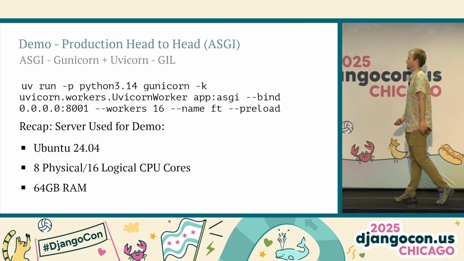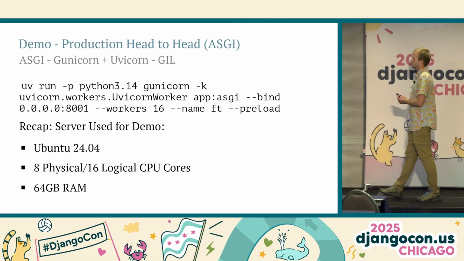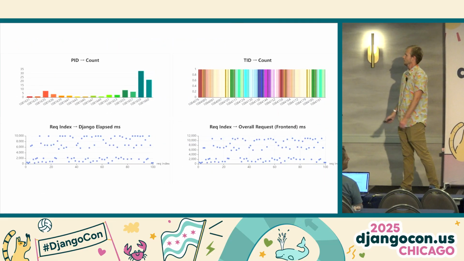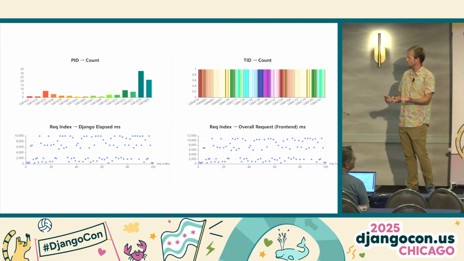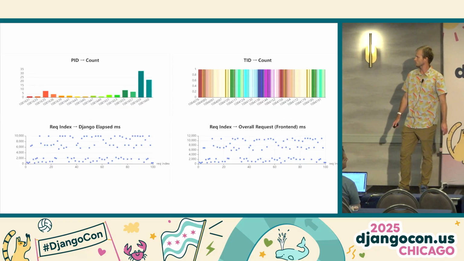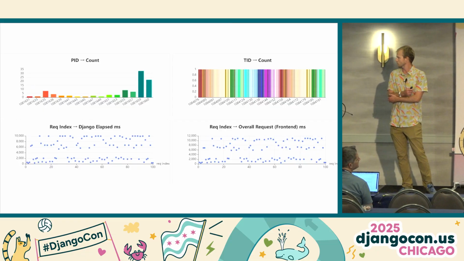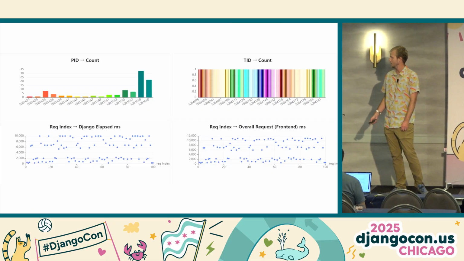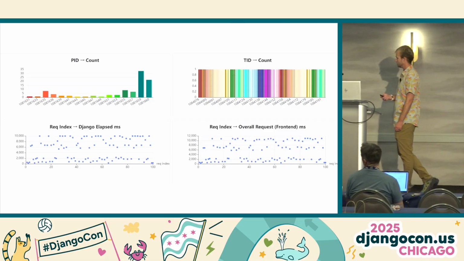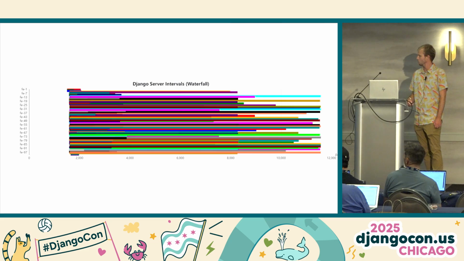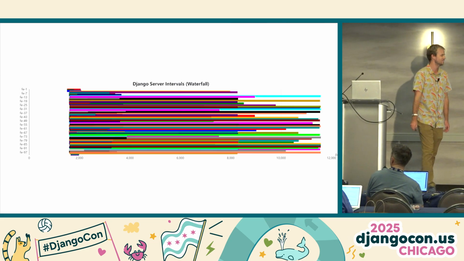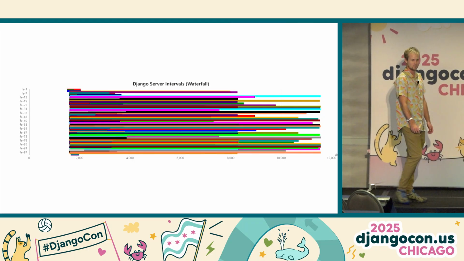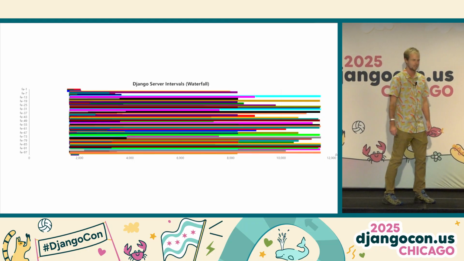So my first one is ASGI gunicorn plus Uvicorn with the GIL. Interestingly enough, it didn't really distribute evenly to processes. And you can see some request times in the bottom left there all over the map, which I find interesting. The server waterfall is quite funny. Everything's happening at once because it entered all these event loops and then an await somewhere.